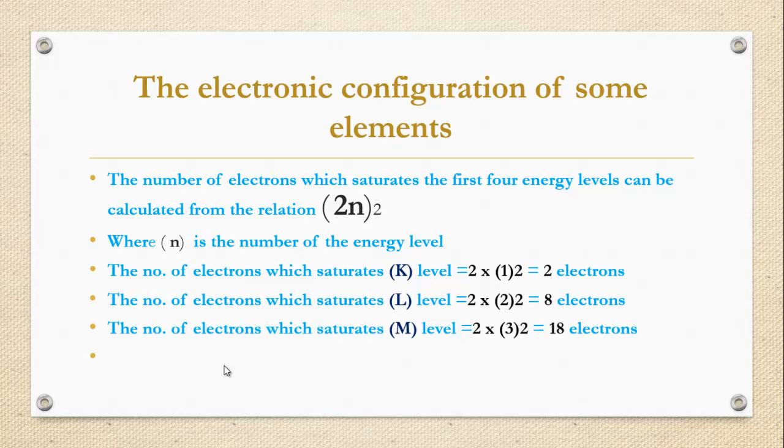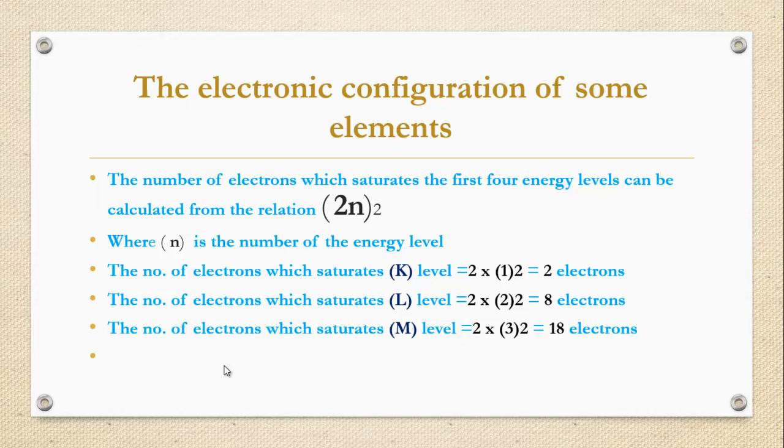Now we are going to study the electronic configuration of some elements. You studied before that the heaviest atom contains 7 principal energy levels. Each energy level is saturated with a fixed number of electrons.